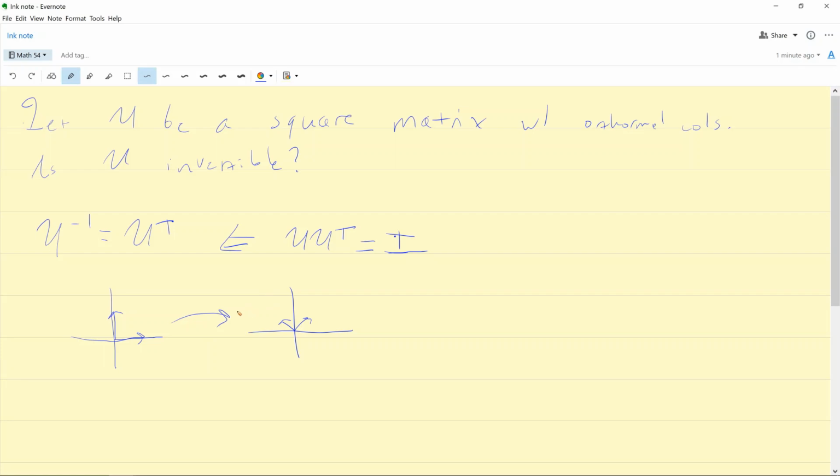Similarly, if we pick different vectors here, we could have something that looks like a reflection. So intuitively, we think that all of these should have some type of inverse. But given just that the columns are orthonormal and it's a square matrix, how are we going to actually convert this intuition into a proof?